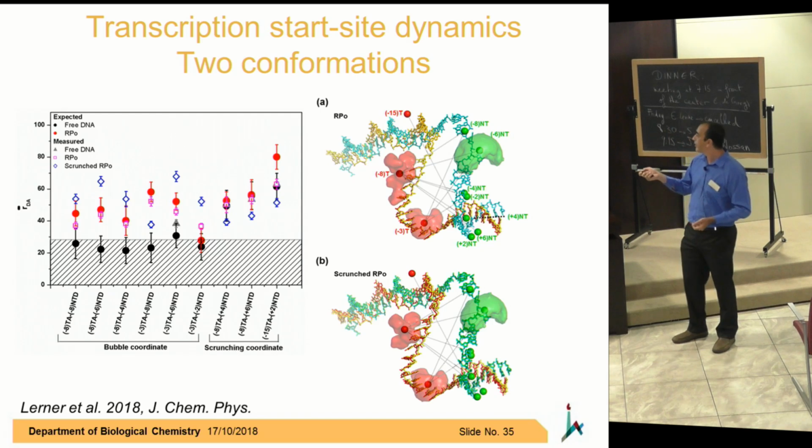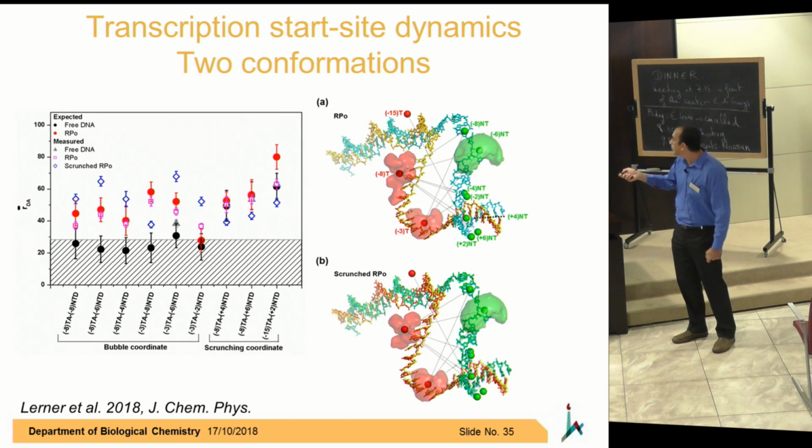So I compare theoretical to experimental, and what I get is that for the scrunching coordinate and bubble coordinate, indeed, no matter what, you have a nice fit of red to magenta, except maybe this point.